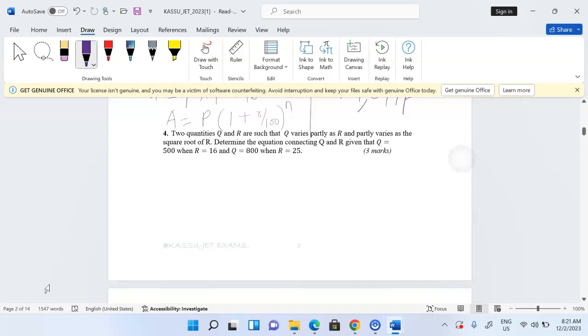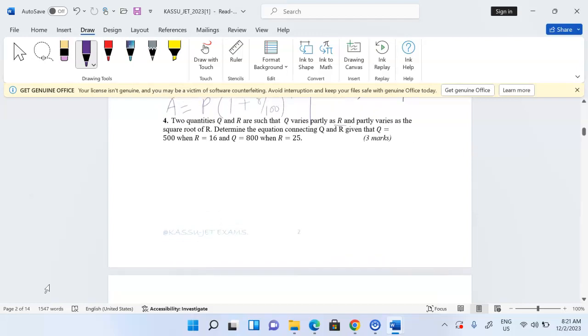The next question is talking about two quantities Q and R such that Q varies partly as R and partly varies as the root of R. So I must first interpret that statement mathematically, and I will say if Q varies partly as R, then the other part varies as the square root of R. Then I can write it like this.